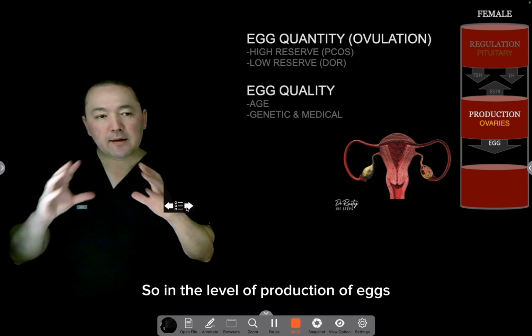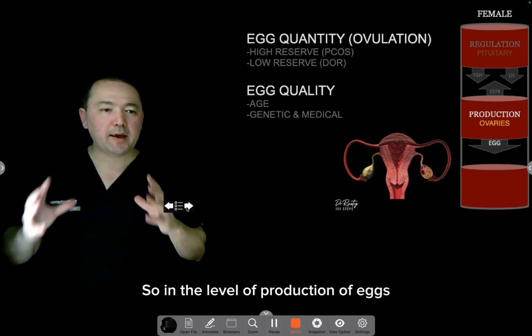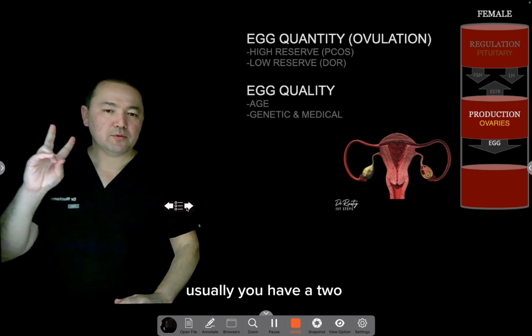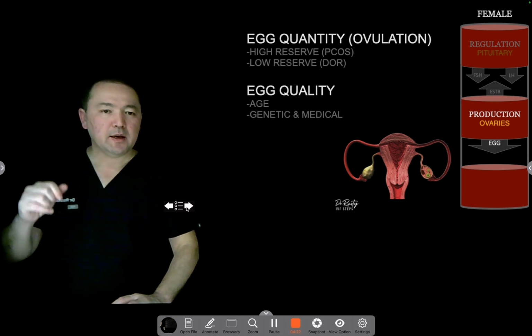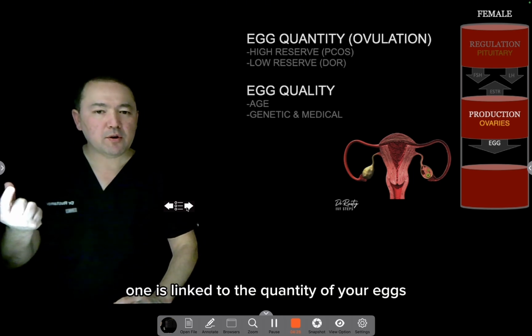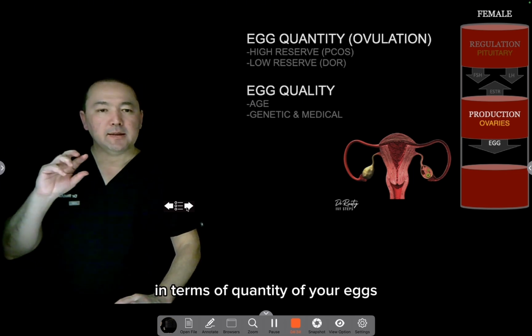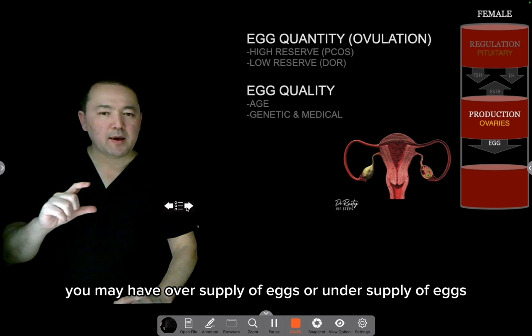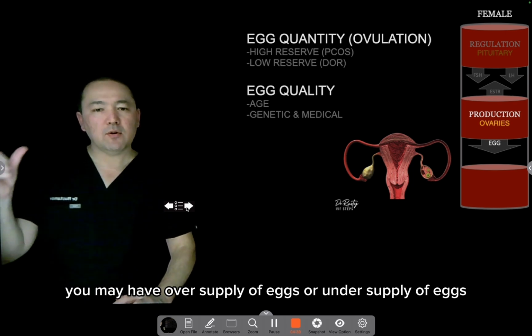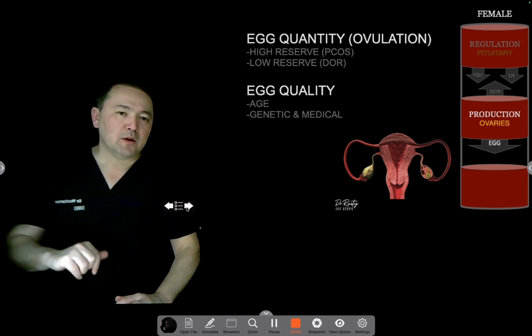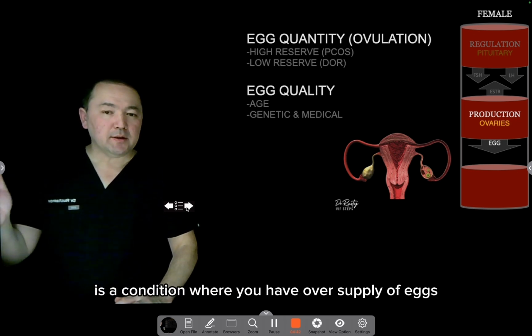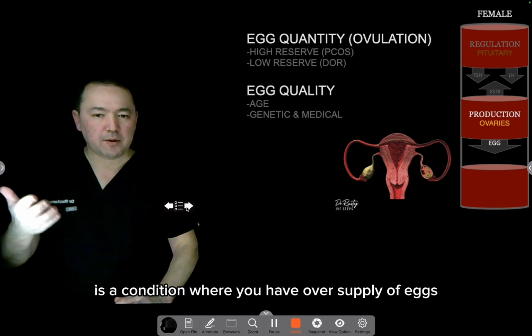On the level of production of eggs, usually you have different types of problems. One is linked to the quantity of your eggs and the other is linked to the quality of your eggs. In terms of quantity of your eggs, you may have oversupply of eggs or undersupply of eggs. PCOS, for example, is a condition where you have oversupply of eggs.